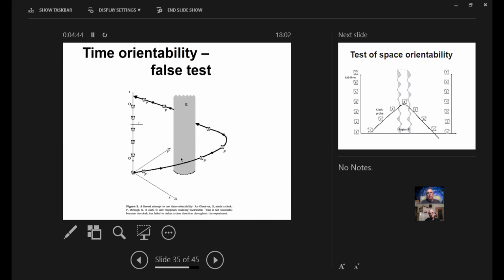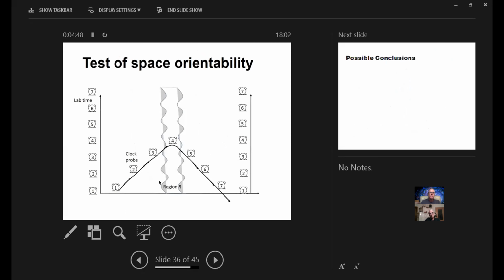A proper test of time orientability is this, which is much better because the picture's better. So here we have our lab frame with its clocks, and the lab frame can write big. I'll put the clocks over here just to help us. And we send our probe in, which must, this is the key to it, this probe must always be counting upwards in time. But it must seem to the outside observer as if it's going the other way.